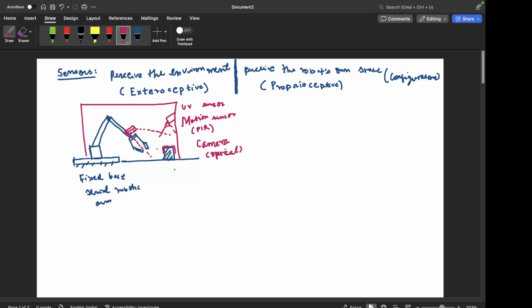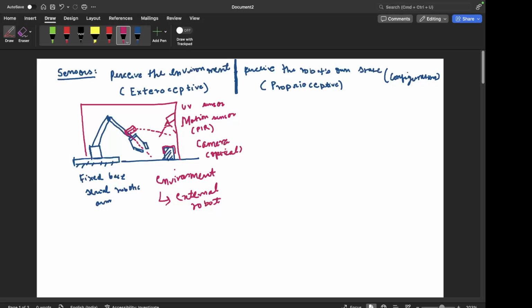Environment is something external to the robot, right? It's not a part of the robot itself.